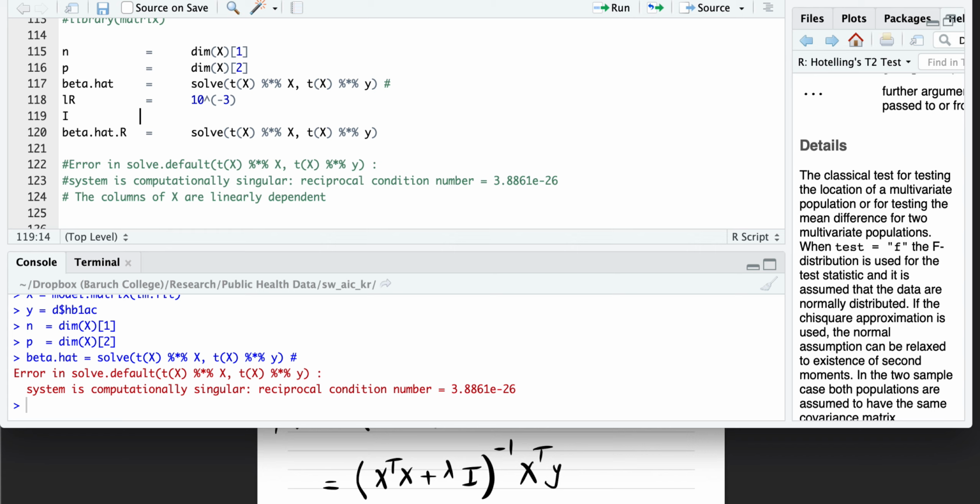Say I is equal to the diagonal matrix, right? Filled with ones, p and 1. Does it work? I don't know. Let's see.